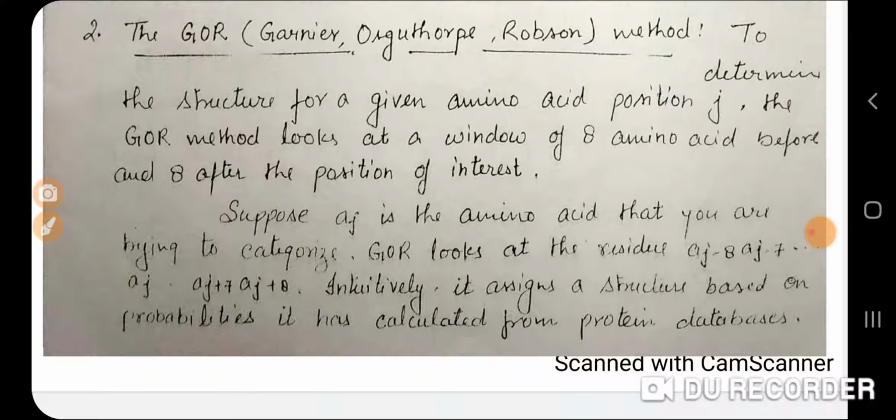The GOR method is based on some propensities, and GOR is the first letters of the authors who wrote this algorithm: G is for Garnier, O is for Osguthorpe, and R is for Robson. This method is also known as a window-based method, with a window size of 17 amino acids.